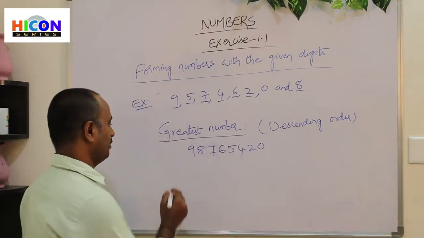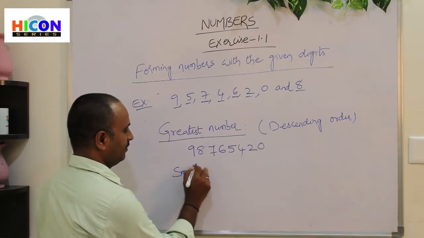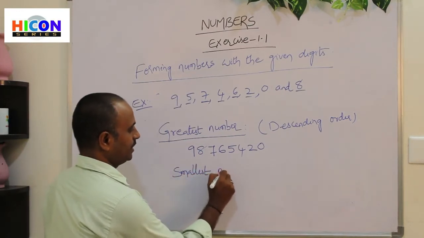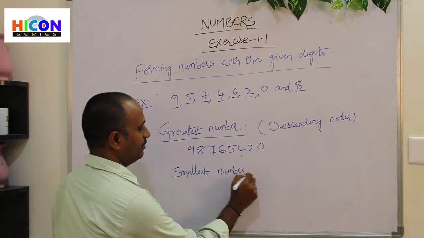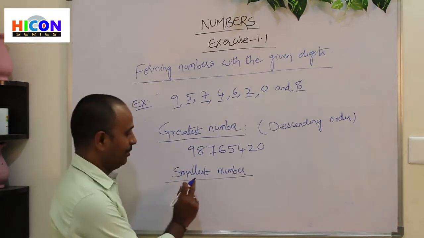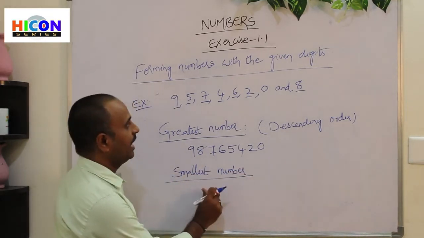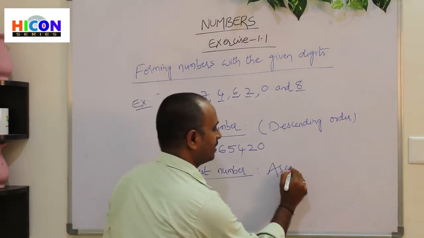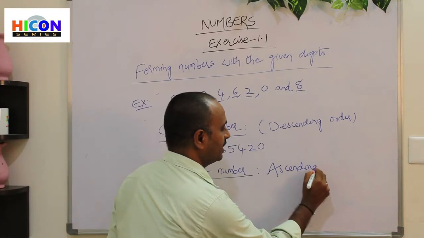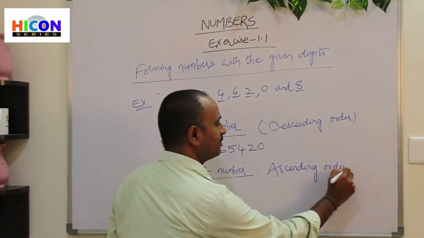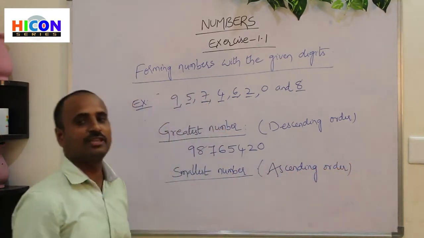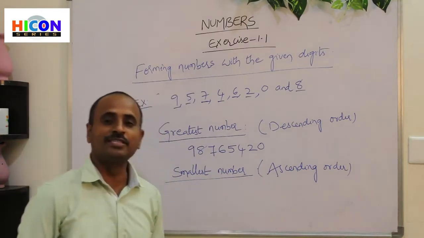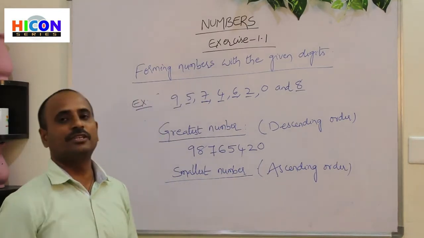Now we can form the smallest number with the above digits. The smallest number can be obtained by simply arranging the given digits in ascending order. Ascending order means from smallest to greatest number.